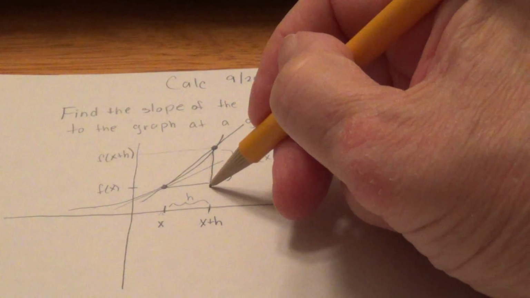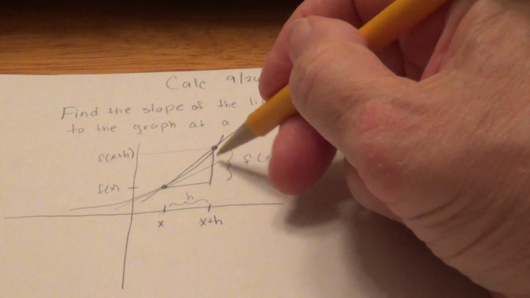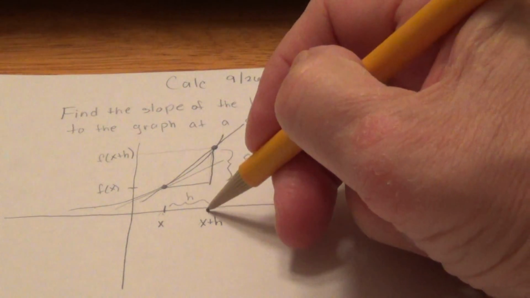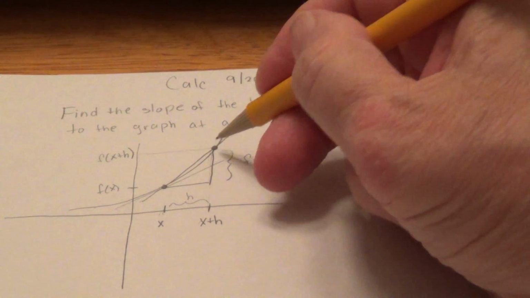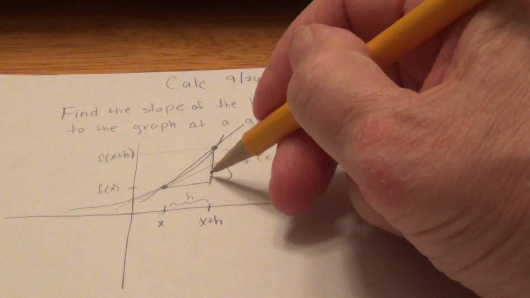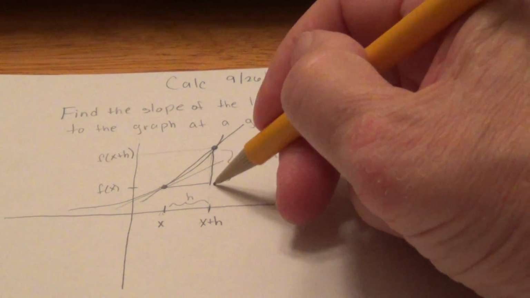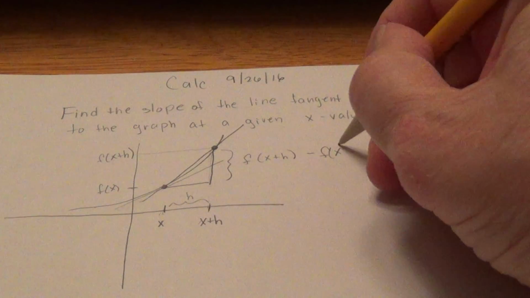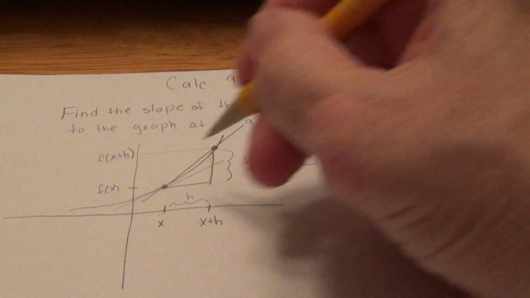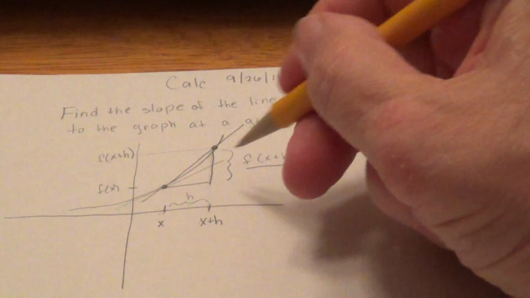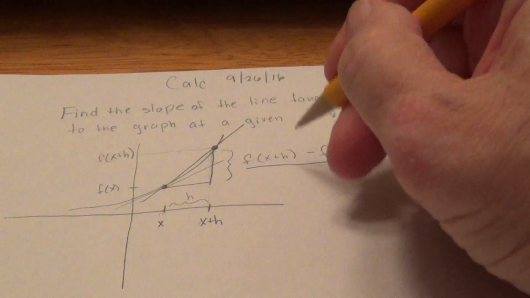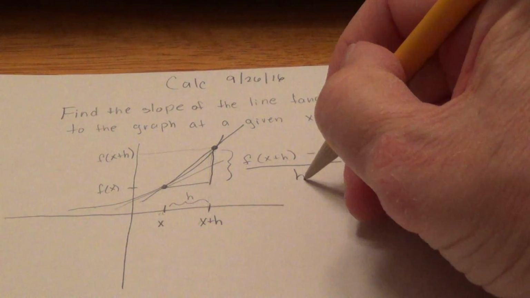From here to here is f of x. So how will I get just the part of interest? I will subtract f of x from f of x plus h, and then divide it by this value, which from x to x plus h is h.